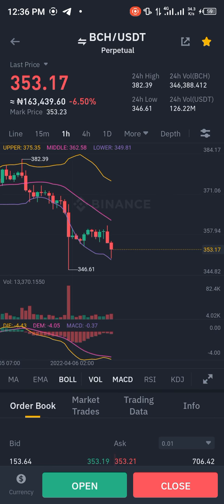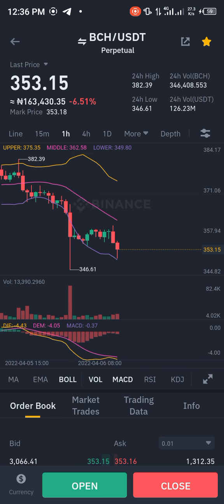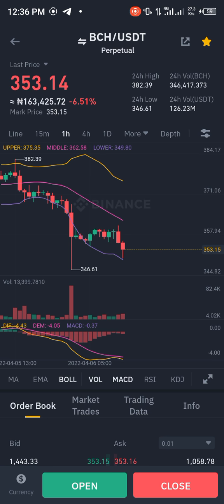Then going in for the MACD, which is moving average convergence divergence. In the histogram, you find out that both the signal line and the MA line are under the histogram, and the histogram is running bearish. You can see the red on the chart representing sell.